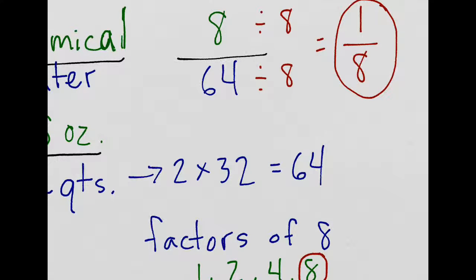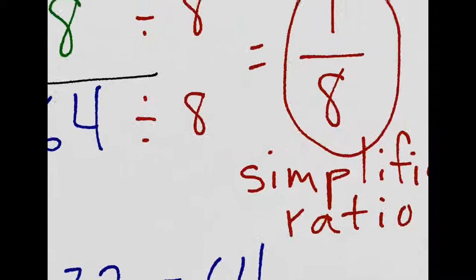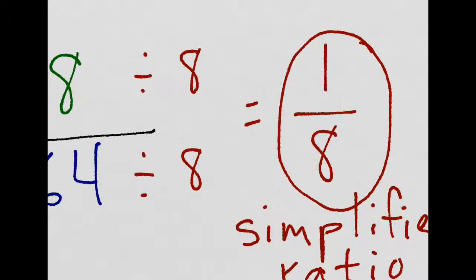That is our simplified ratio, our dilution ratio. We should put in 1 ounce of chemical for every 8 ounces of water. That is our answer, and we are done.